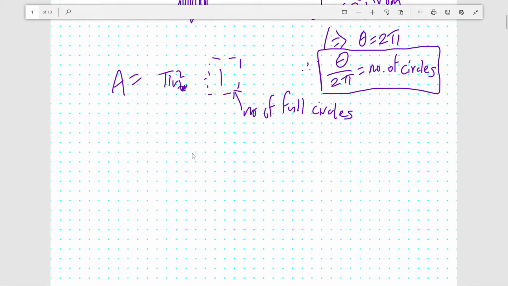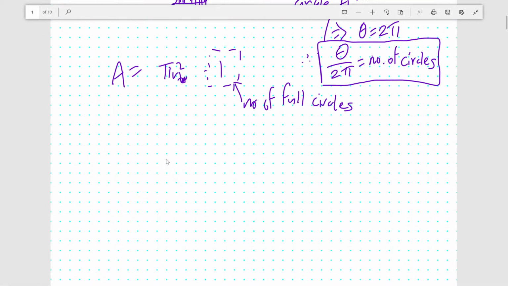Say we wanted to find the area of a third of a circle, which of course has a certain angle in radians. First try and figure it out, then I'll write it down.